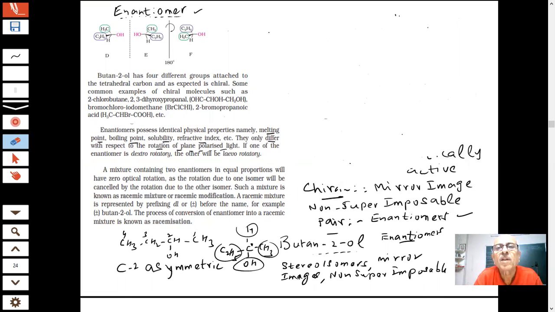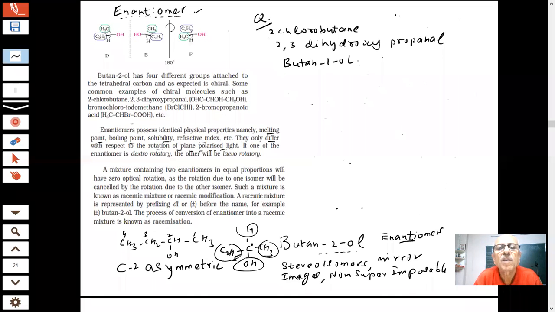You say 2-chlorobutane, 2,3-dihydroxypropanol, butan-1-ol.